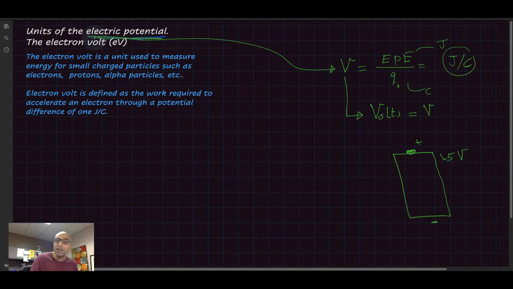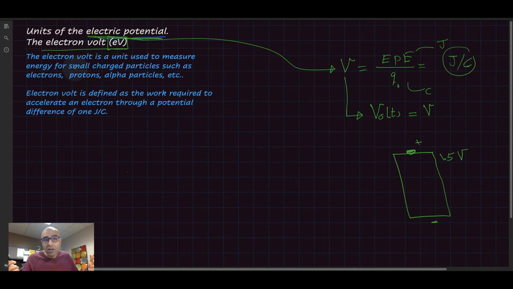Now, another unit that we need to pay attention to is known as the electron volt. And what is the electron volt? It is used to measure energy for small charged particles like electrons, protons, the alpha particle. When they are moving around, they carry energy. And this energy is so small, you cannot use joules for it.